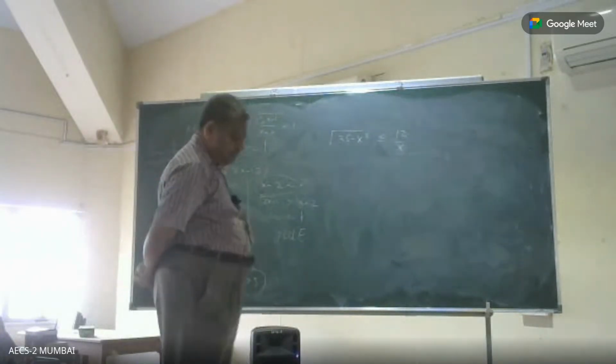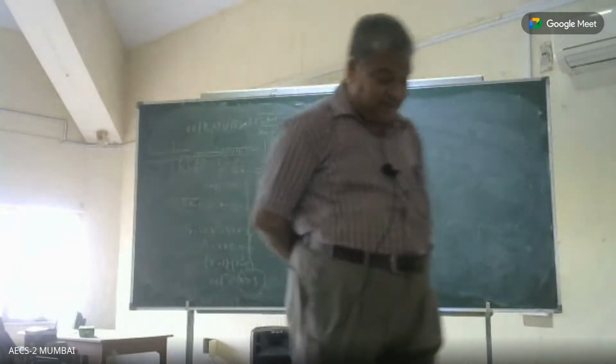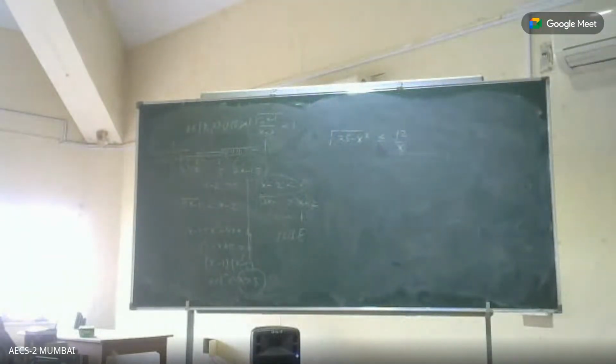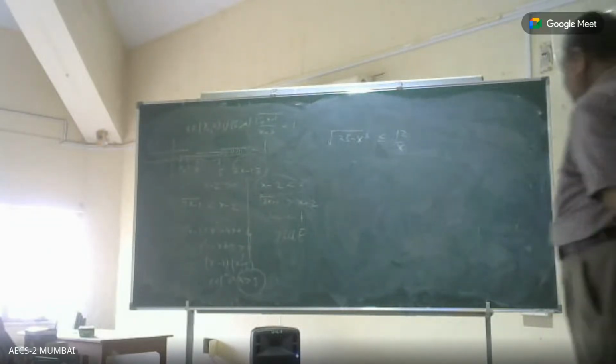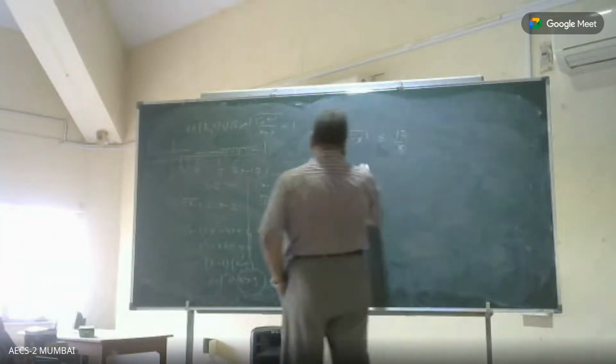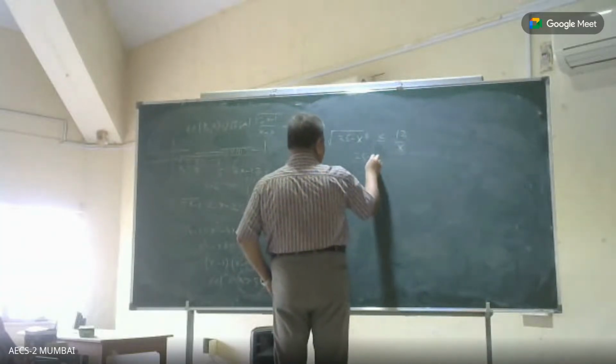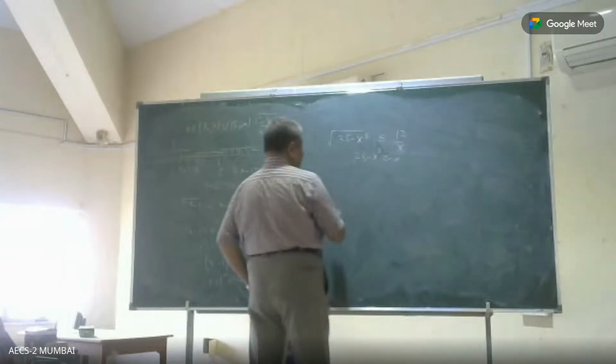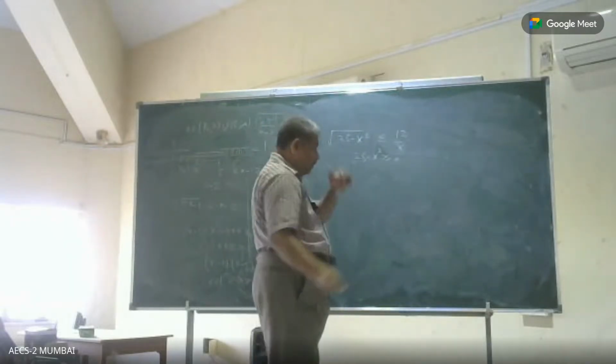So the mass declaration will be 25 minus x square greater than or equal to 0. Then there will be two cases. Case 1 will be what?